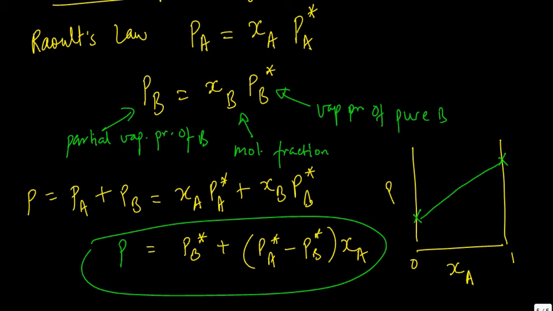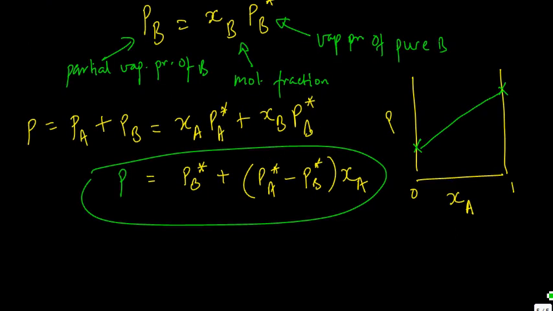Now, this is the composition of the liquid, right? But the composition of the vapor need not be the same, because one of these liquids could be more volatile. So I will have to define the mole fraction of A in the vapor phase, which is not XA.